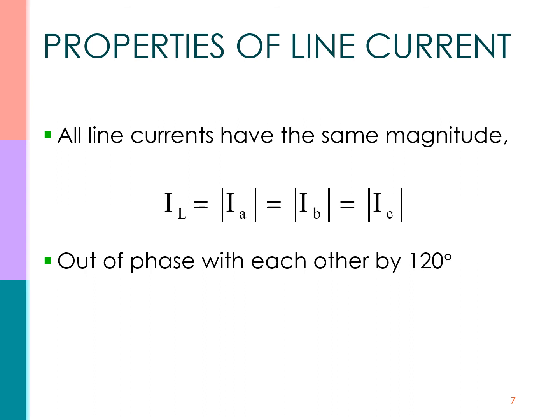So what you have to understand is that all the phase voltages, phase currents, line voltages and line currents have the same magnitude but are out of phase with each other by 120 degrees.